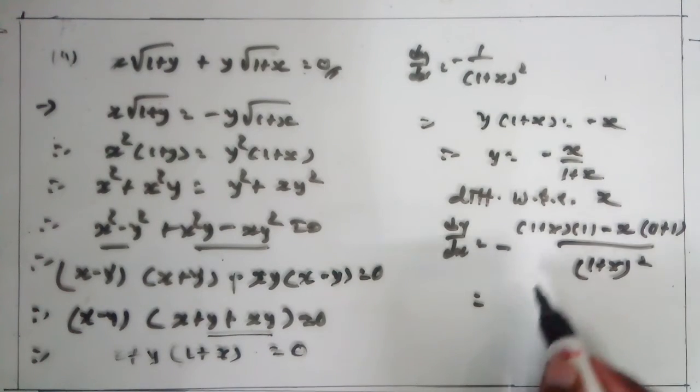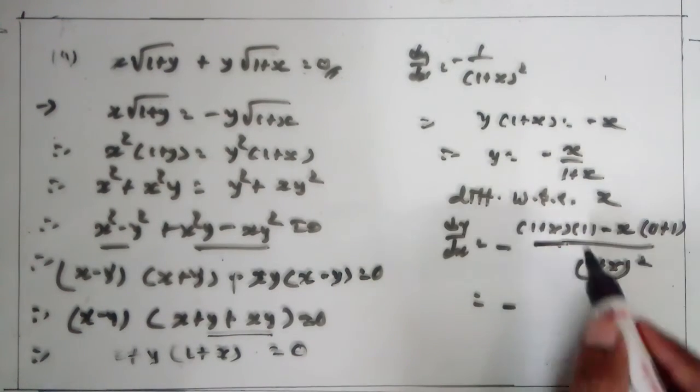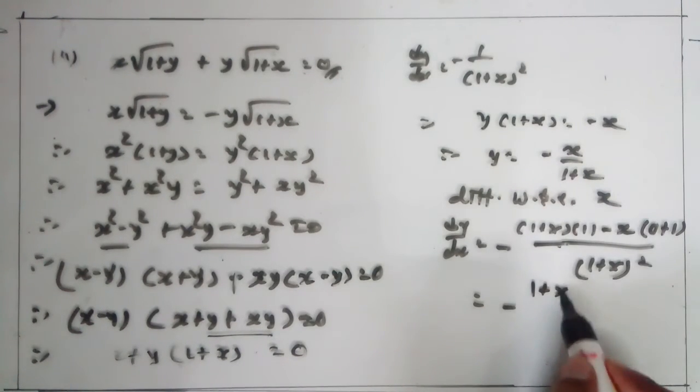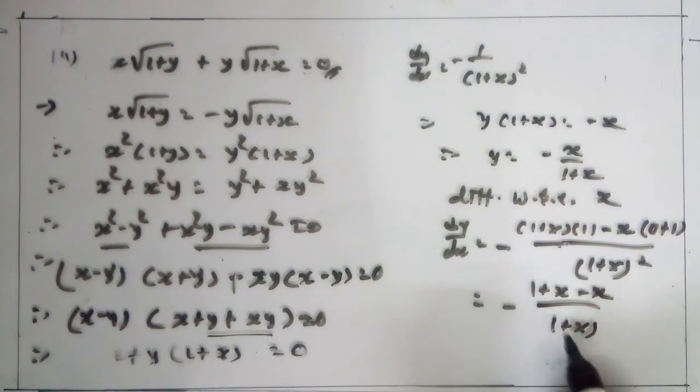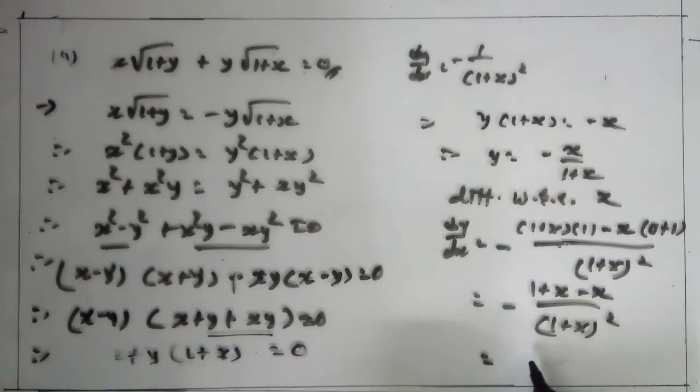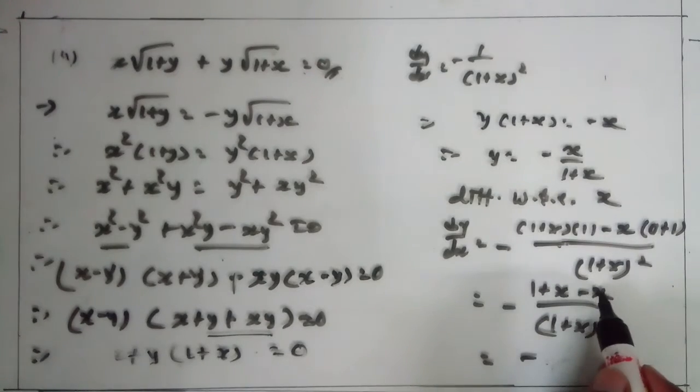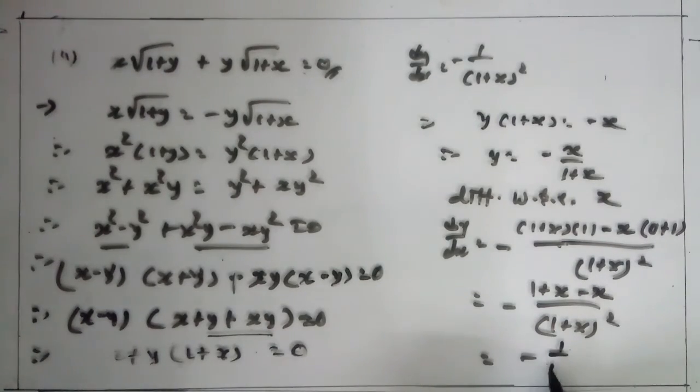So it is minus of 1 plus x minus x upon 1 plus x raised to 2. Clear? So x cancels, and we get 1 upon 1 plus x raised to 2. So dy by dx is equal to minus 1 upon 1 plus x whole square. Hence proved. Clear?